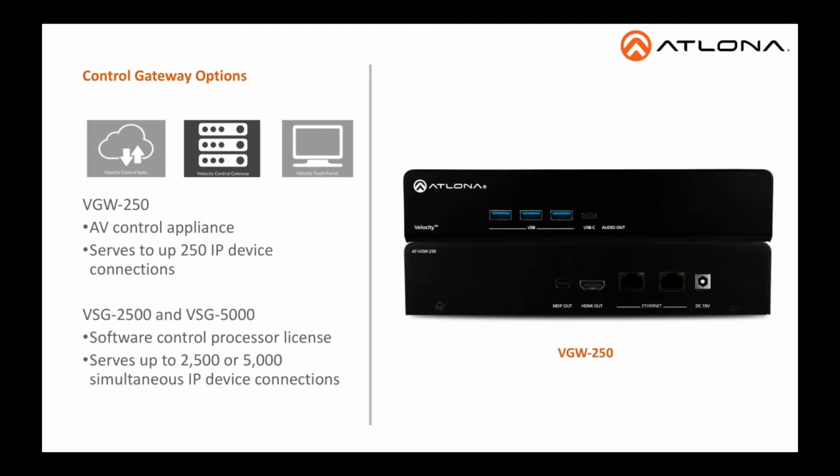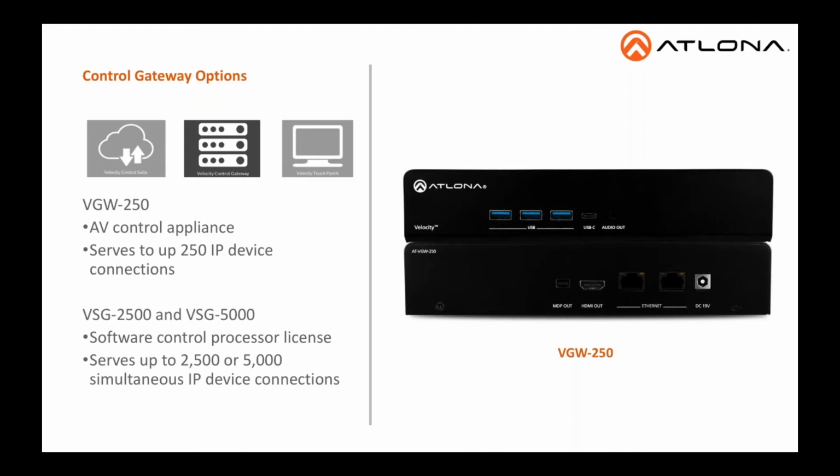Next is the Control Gateway. This is a software and IP-based control processor designed to control several AV systems over a network. It's available as a server appliance, like you see here, the VGW250, or it can be hosted on standard IT server infrastructure. The VGW250 can control up to 250 connected devices, and you can add more gateways as you grow.